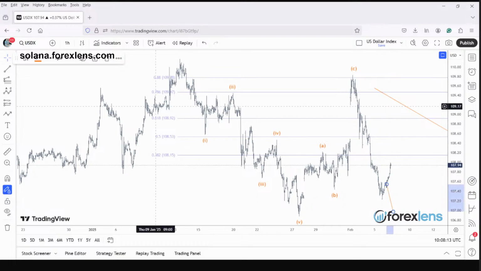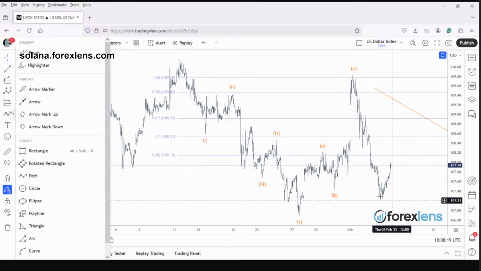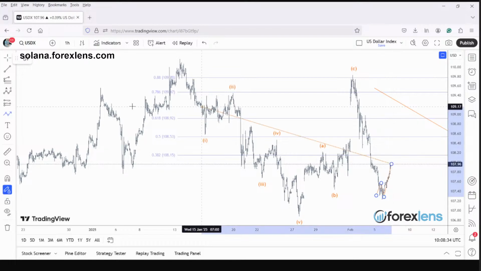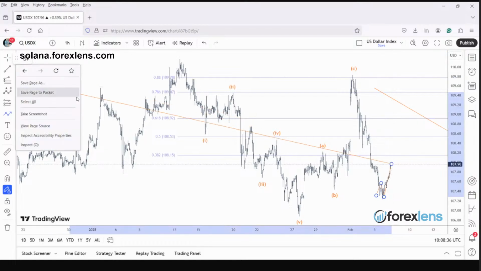So expanded flat wave 4 is in the making. It's a beautiful structure actually. That is the expanded flat, A, B, and C. The expanded flat structure being worked upon.